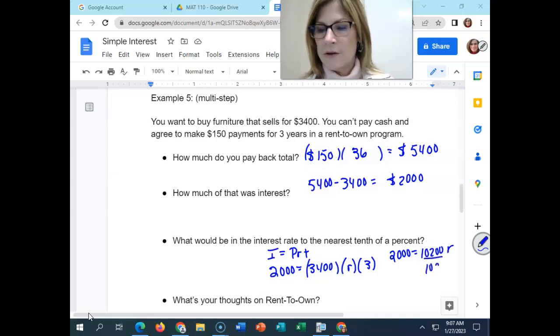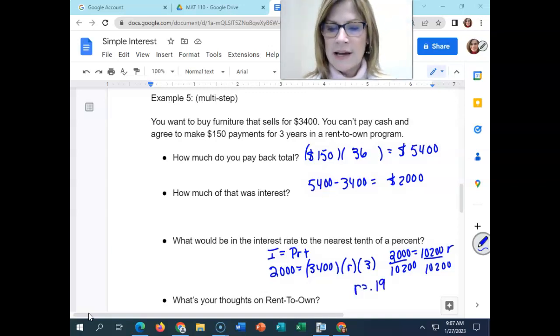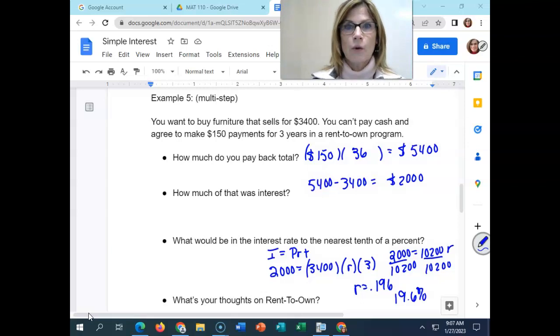So we'll divide both sides by 10,200, and you get 0.196 or 19.6%.